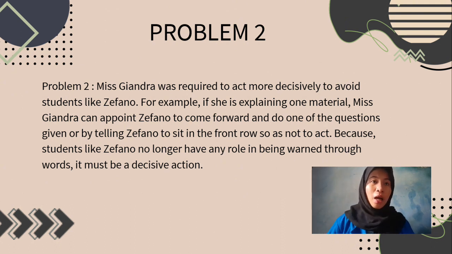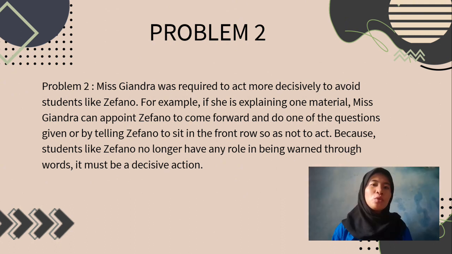For example, if she is explaining one material, Miss Giandra can appoint Zefano to come forward and do one of the questions given, or tell Zefano to sit in the front row so as not to act up. Because students like Zefano are no longer affected by being warned through words, it must be decisive action.